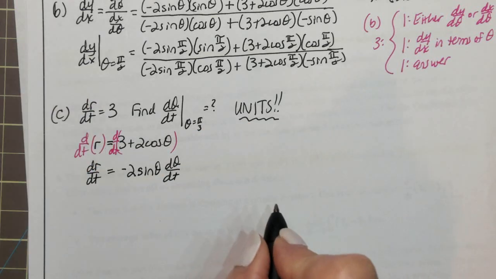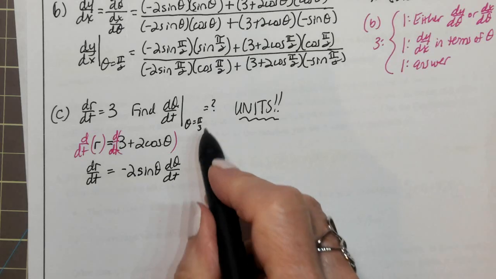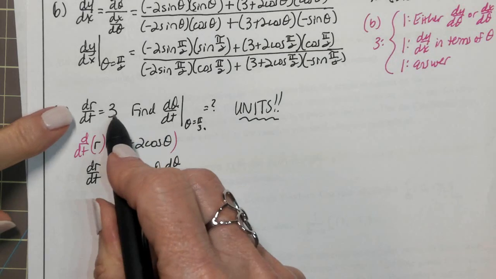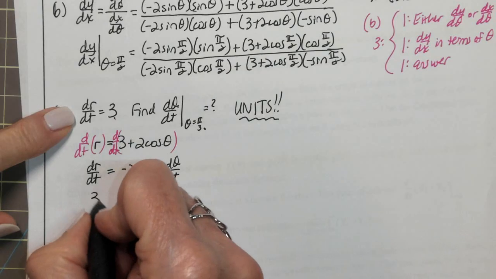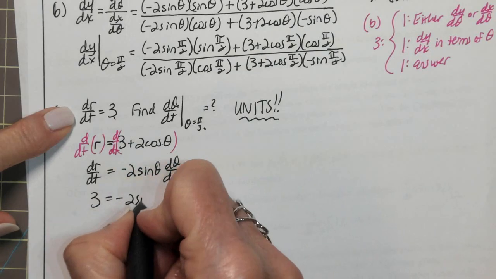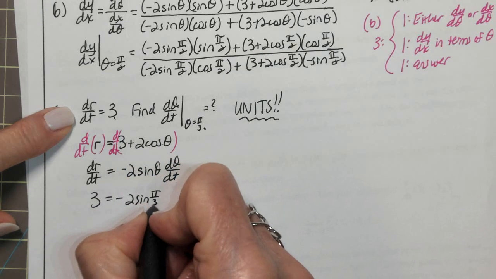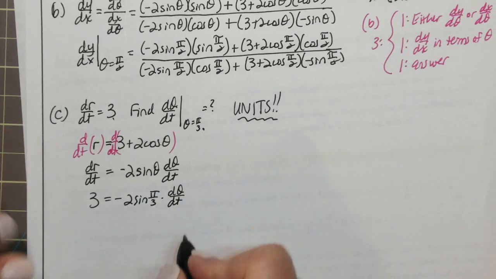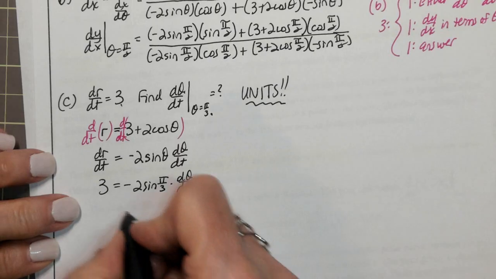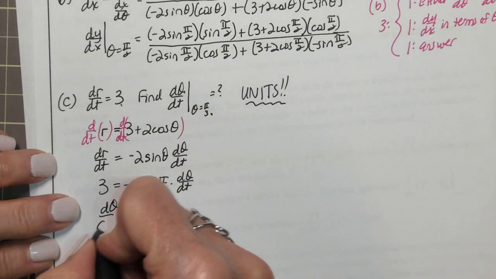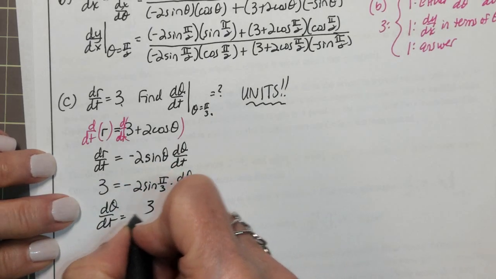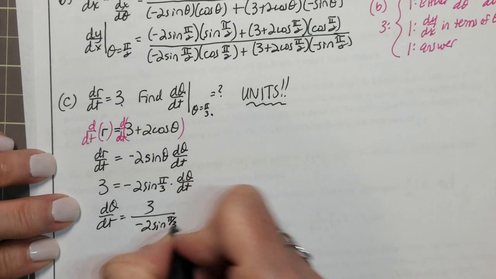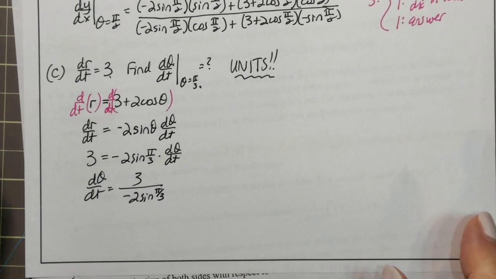A little implicit differentiation there. And now they plug in pi over 3 for theta and 3 for dr dt. And now I'm going to divide both sides by the -2 sine of pi over 3.